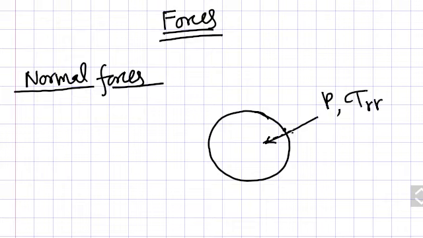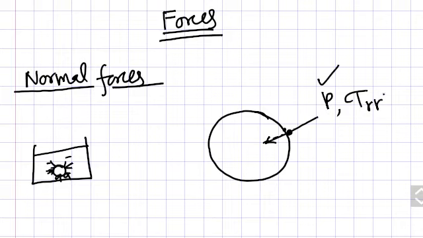Pressure will be here because this sphere is inside a liquid body, so definitely pressure will be there. If you dip something in a liquid, every point of its surface will experience a pressure force, so pressure will always be there. But will this normal stress exist there?